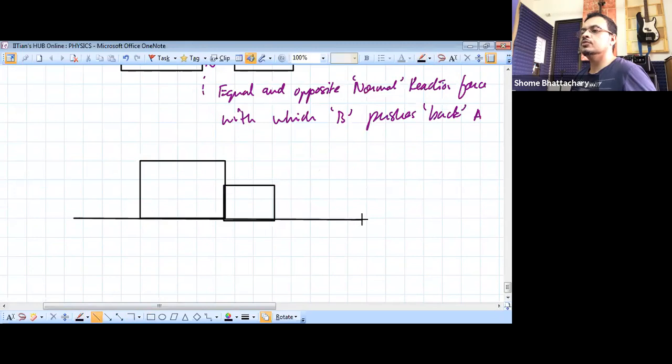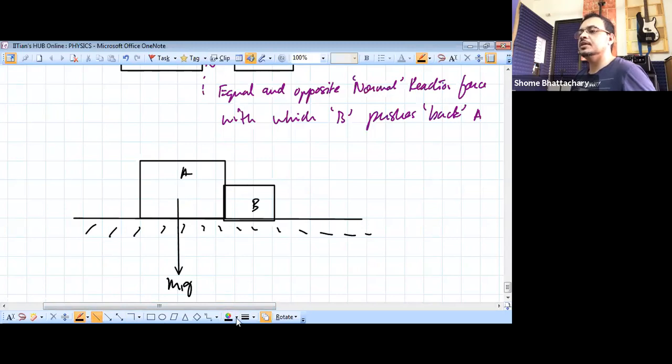So we talk about all sorts of forces which are acting here in this system. You see that of course there is the weight of A. This is M1G, which is pushing it against the floor.